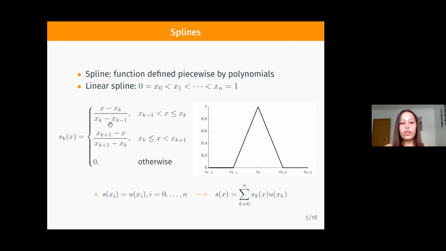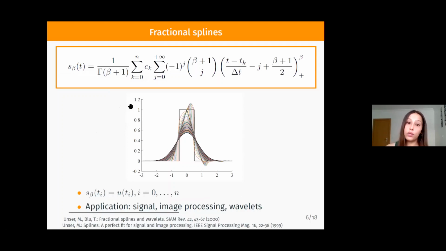But what if we don't have polynomials of degree 1, but of fractional degree? Then we have this formula for the splines, and these are the fractional B-splines. In this picture, I represented the fractional B-splines in color, and the thicker black line shows the classical B-splines.